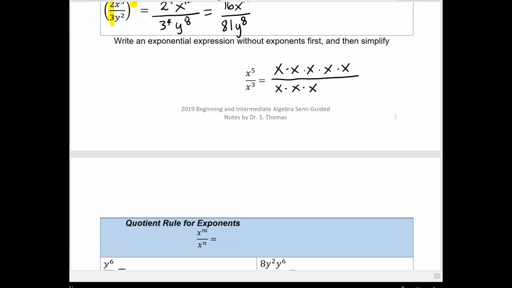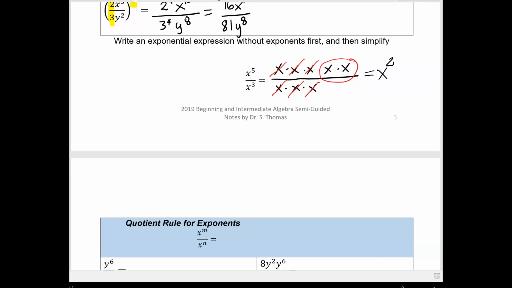So we can simplify that the old way, which is to simply cancel out common factors, right? X cancels out with that x, cancels out with that x, leaving us with x times x, which is x squared.